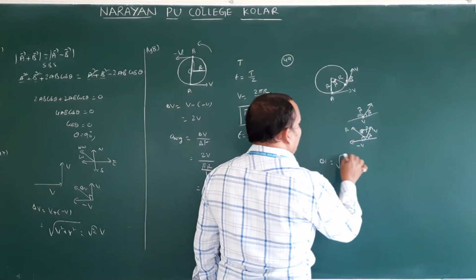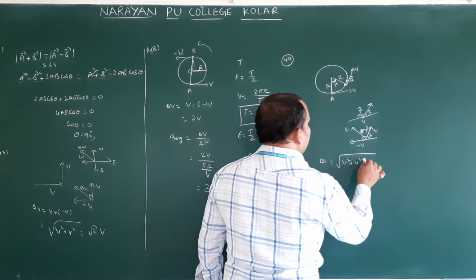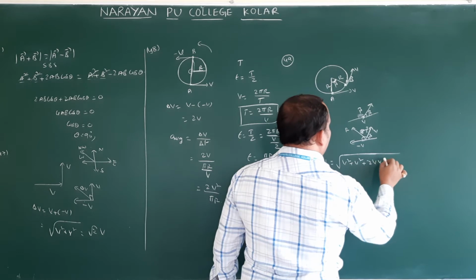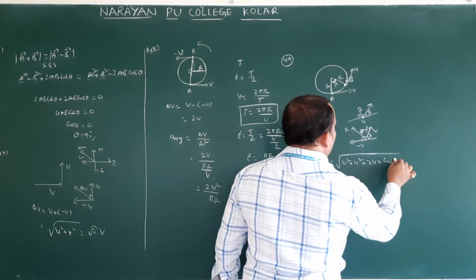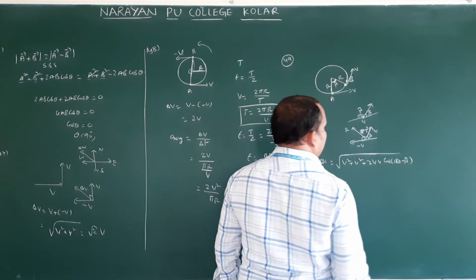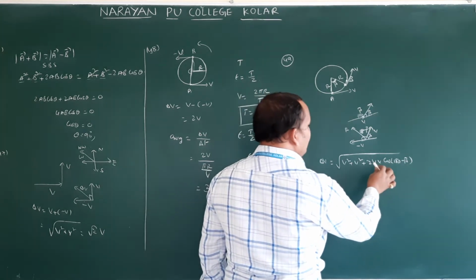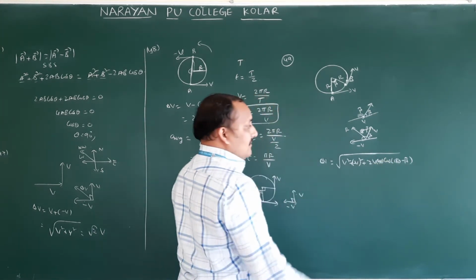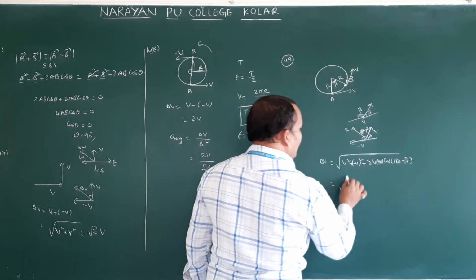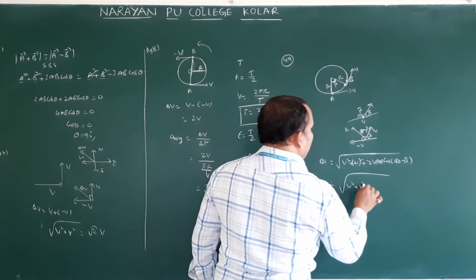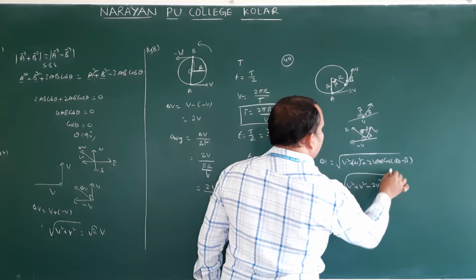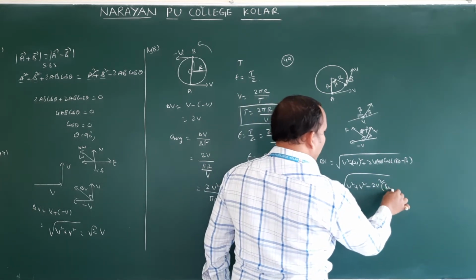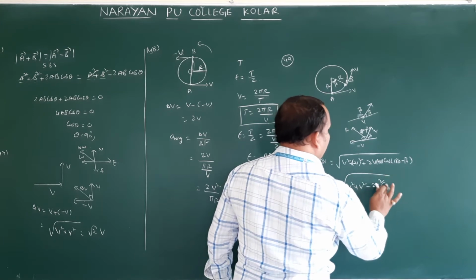Change in velocity formula. Delta V is equal to root of V square plus V square plus 2 V into V cos 180 minus beta. So this one V is going to become minus V whole square because V minus V. So V square plus V square minus 2V square cos 180 minus beta. That is nothing but cos beta.